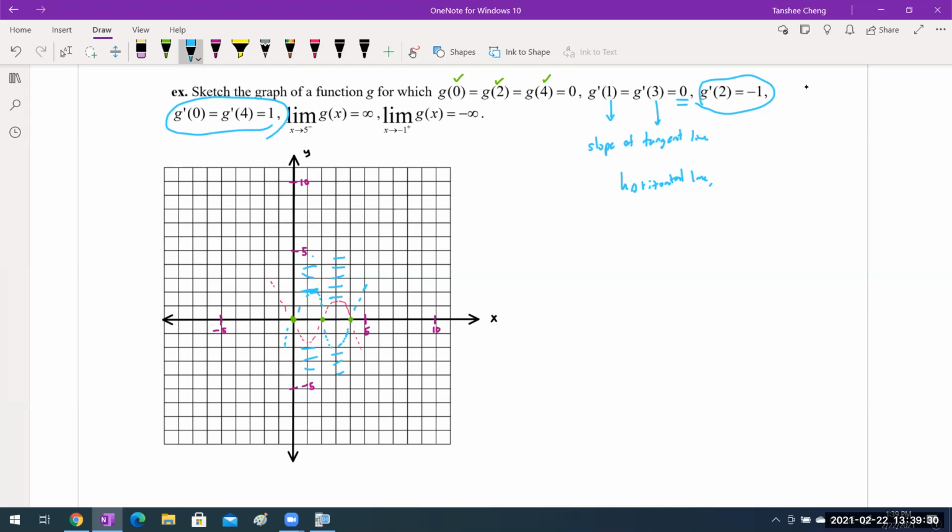So that basically tells me I have a vertical asymptote at 5. Notice that approaching 5 from the left-hand side, it goes to infinity. We don't know anything from the right-hand side. It never tells us.